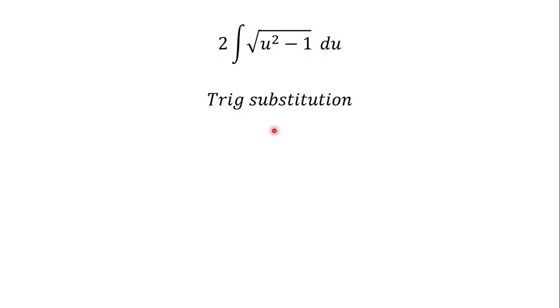Now with trig sub, you would need a right angle triangle. So let's draw a right angle triangle. And here I'm going to put the angle theta.